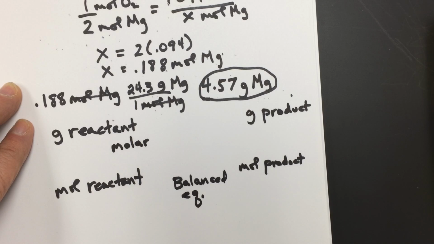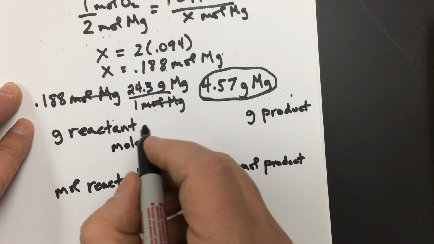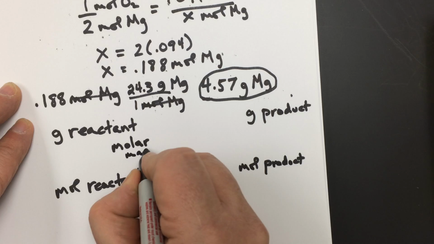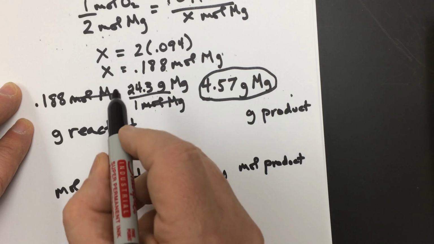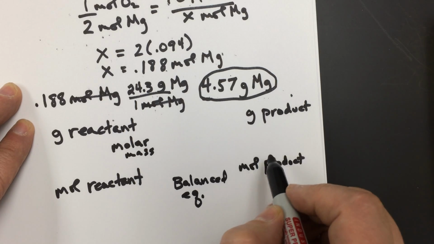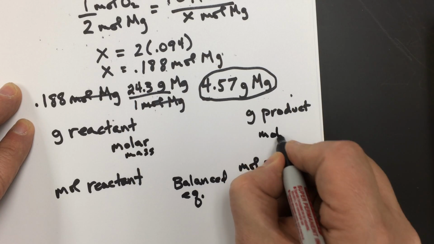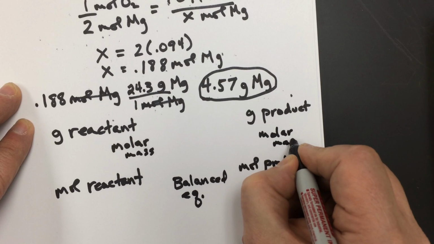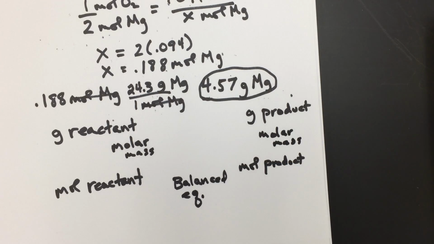Make sure you multiply by the number of each of those atoms. And then, so this is molar mass from the periodic table, and you can go from grams to moles. And then when you're in moles, you do the very same thing. You're going through the molar mass again, and the molar mass will give you moles if you have grams, or it'll give you grams if you have moles.